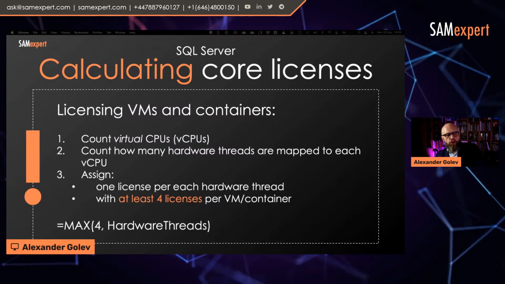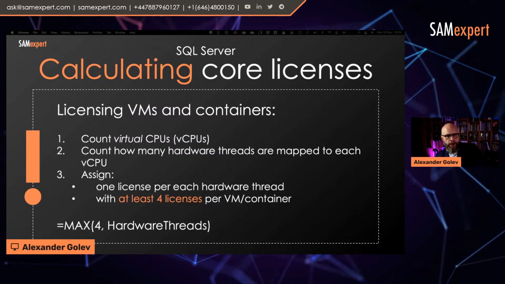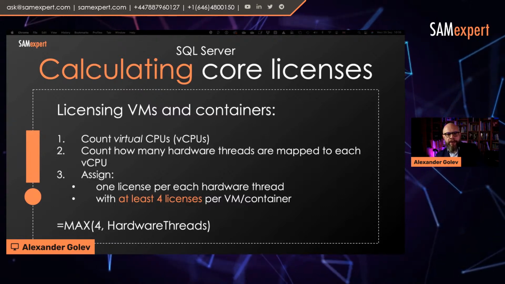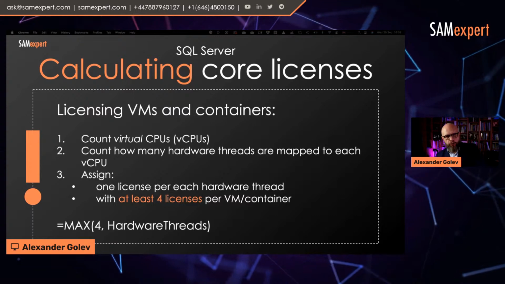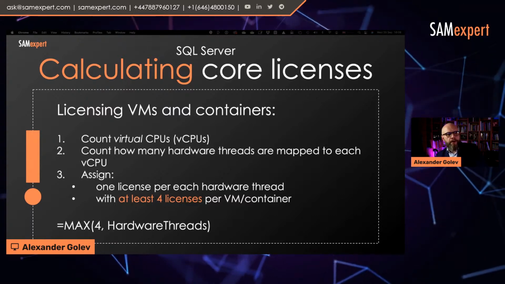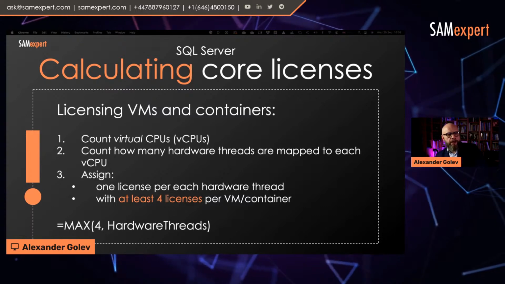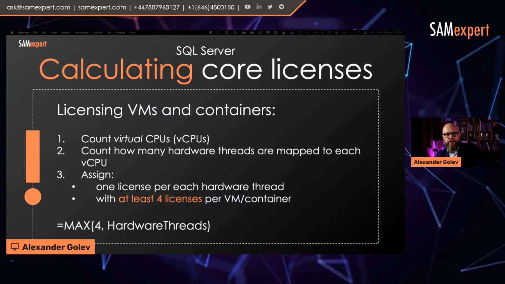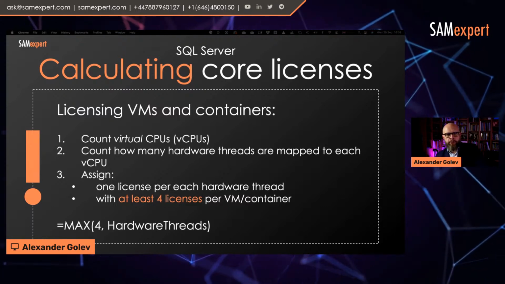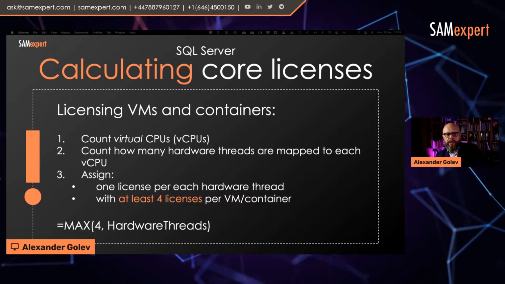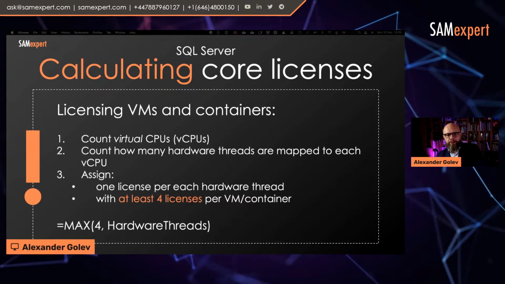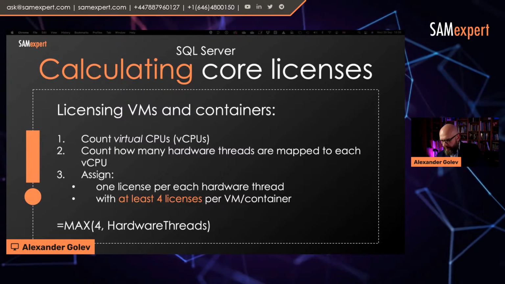In normal virtual machines, in VMware and Hyper-V, I asked engineers multiple times, and I was assured that Hyper-V and VMware in normal circumstances only support configurations where one vCPU is supported by 1 hardware thread. So really hyperthreading does not affect the number of required licenses for SQL Server.